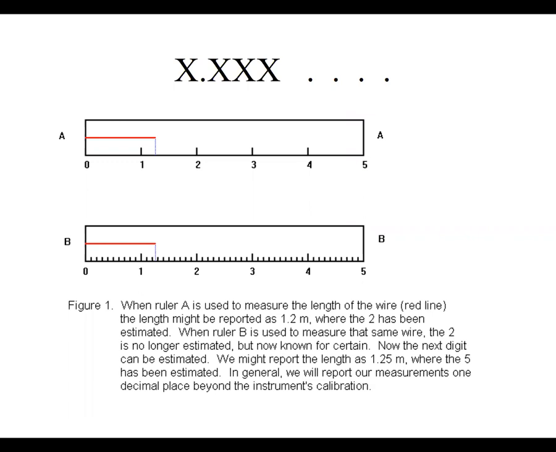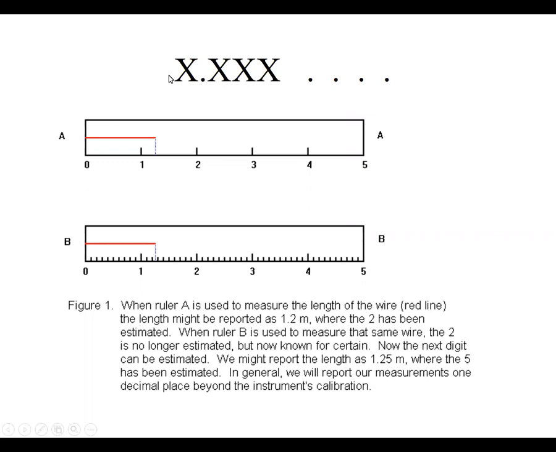Now, if I draw that conclusion, then I'll say that's 1.25, right? 1/2 or 5/10 of the way between marks. So I might record that as 1.25. So ruler B is letting me express the length to 3 significant figures, where the first 2 digits are certain and the third digit is uncertain.